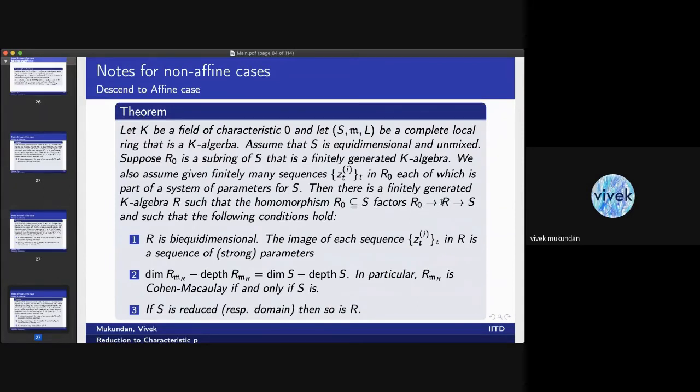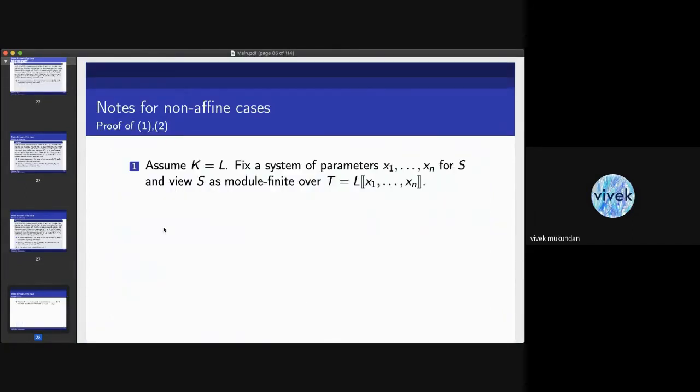You are actually trying to build your finitely generated K-algebra R such that all these properties get transferred over to R. So to the proof. First, assume K is equal to L, and then fix a system of parameters x1 up to xn for S, and view S as a finite module over the power series ring K[[x1 up to xn]]. So this is a consequence of the Cohen structure theorem.